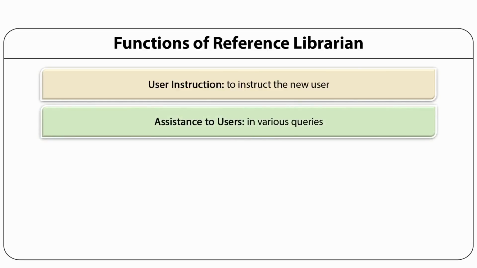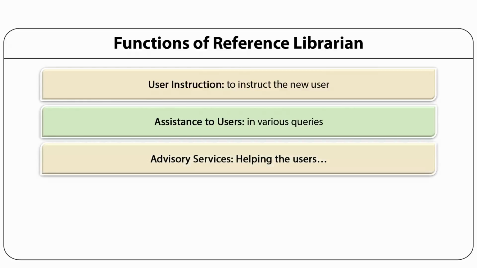Assistance to users is another function, whereby the reference librarian helps the users regarding various queries. Advisory services, wherein the reference librarian advises the users regarding the choice of a particular book, for example, or the choice of even a course of studies, and so on.